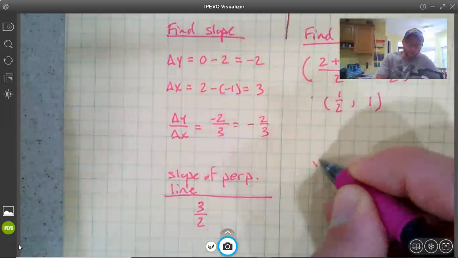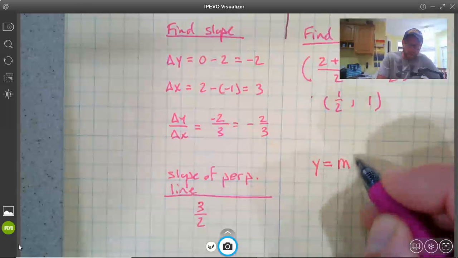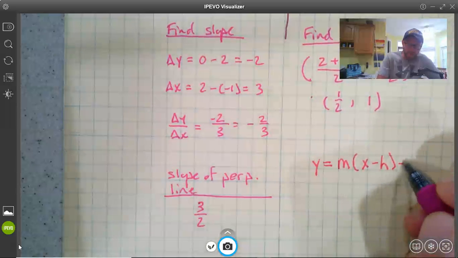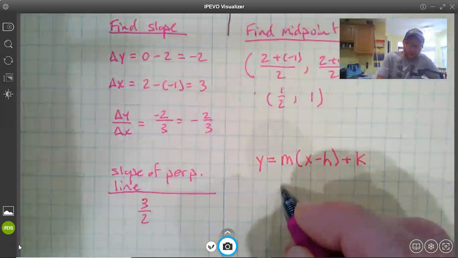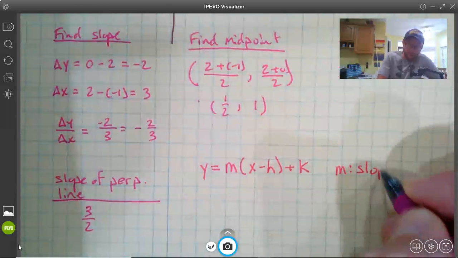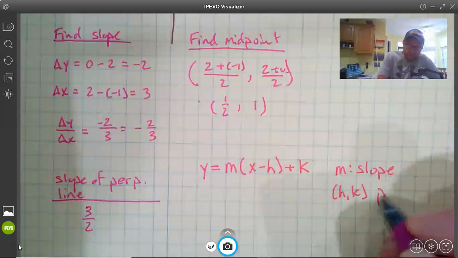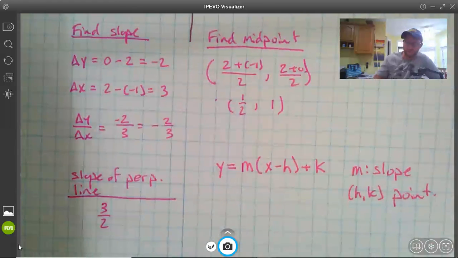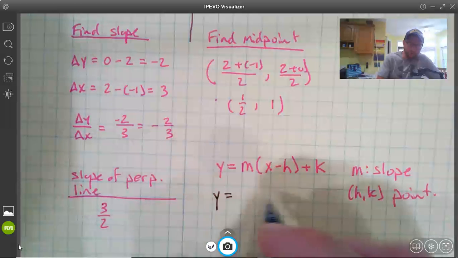That point-slope form, remember, was y equals m times x minus h plus k, where m was the slope, and (h, k) was the point that we were going through. So let's see. So this is y equals, our slope was 3/2.